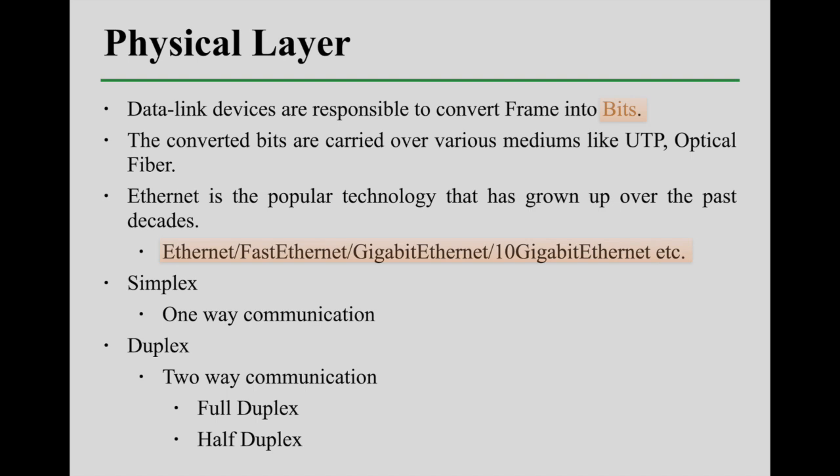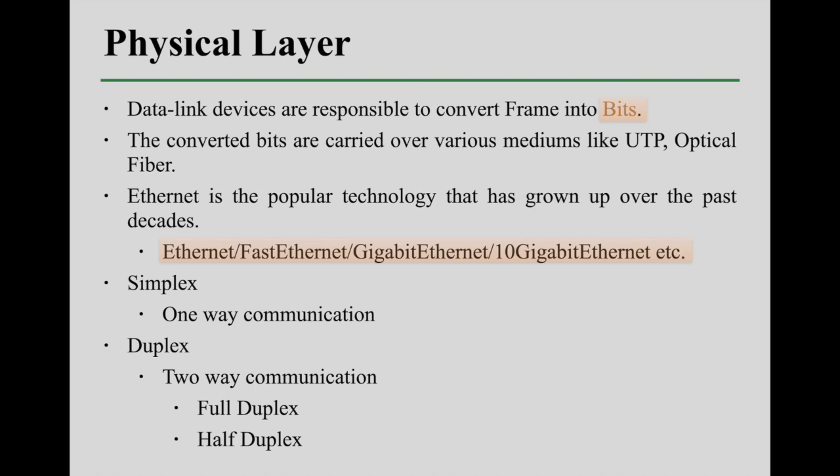With the revolution of the internet and technology, 10 megabits per second was not sufficient to transport text files, images, and videos with different qualities, which led to the development of Fast Ethernet and Gigabit Ethernet, followed by other high-speed interfaces. We will discuss different Ethernet standards and their supported speeds in the next slide.